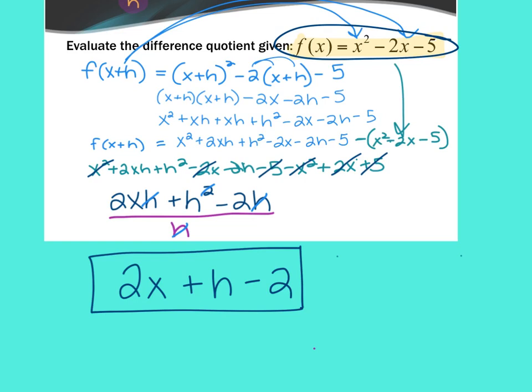You should always be able to cancel something out once you subtract the f of x. It should simplify to something pretty basic at the end, not necessarily always this, but something. And just be really careful with your signs, because people make the most mistakes with that. Questions on anything function or difference quotient related?